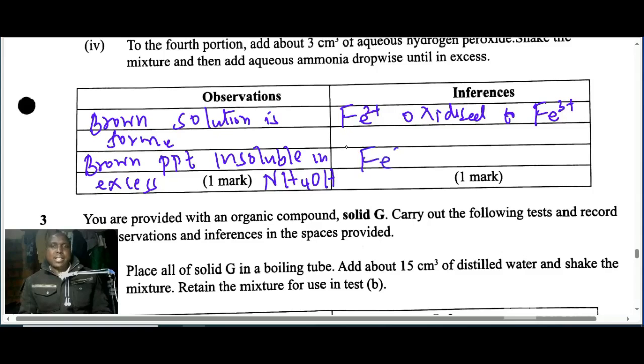Then what that means is that ion 3 is confirmed, ion 3 present. That is what it means.